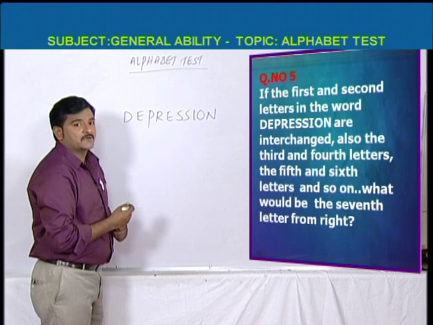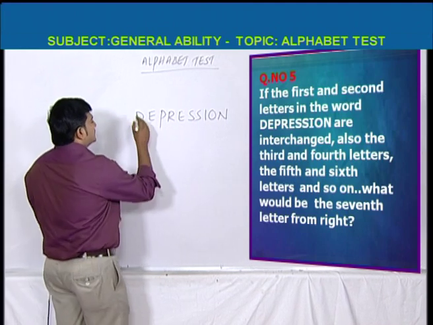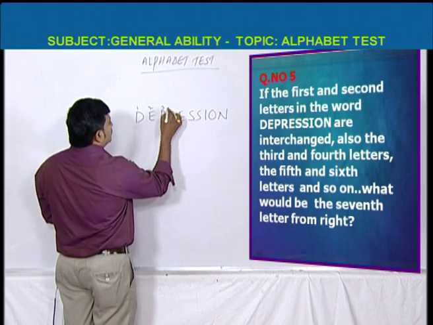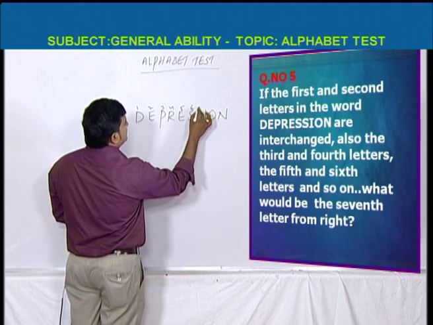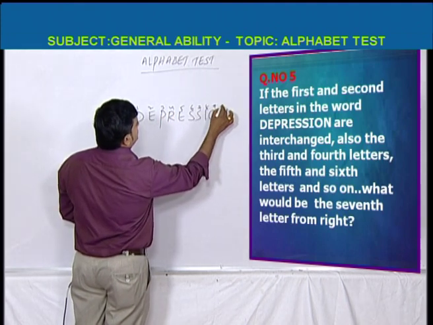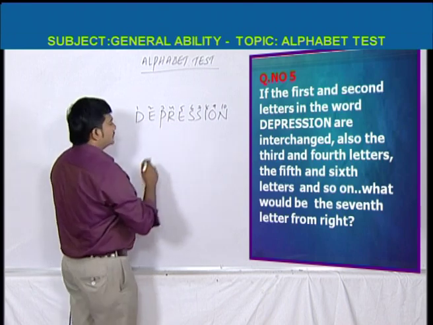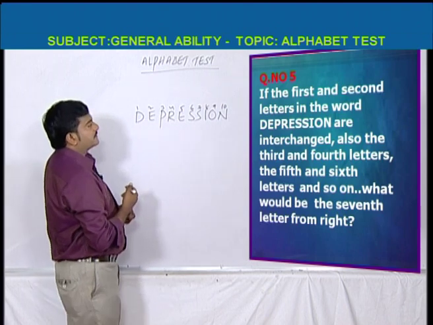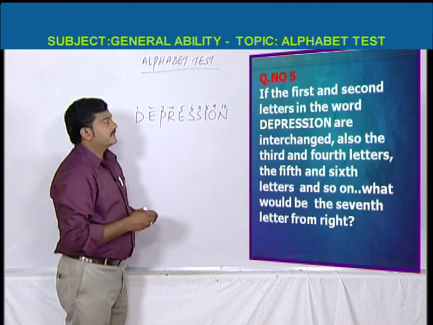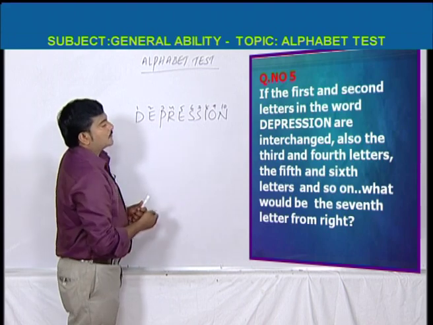First allocate the numbers 1, 2, 3, 4, 5, 6, 7, 8, 9, 10. So the given word depression is a 10 letter word. Now, what is the question?